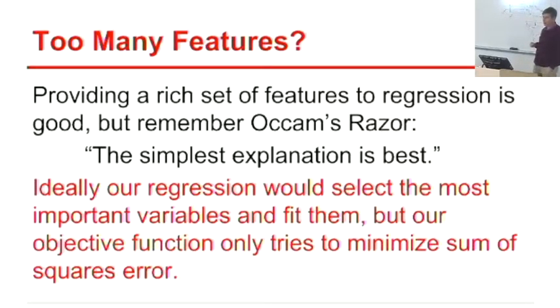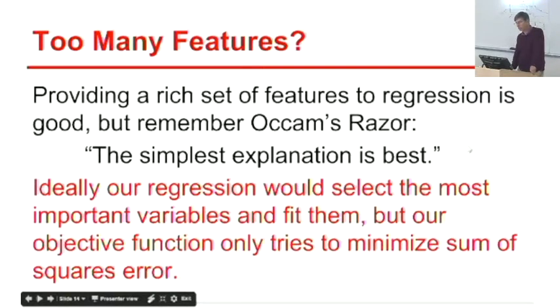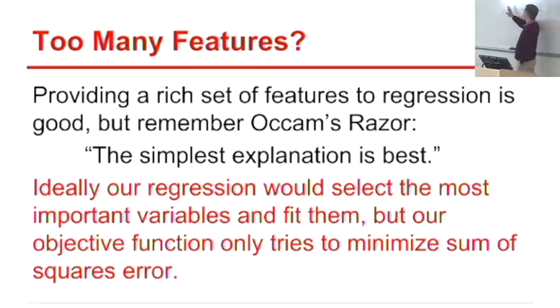In any data set, there's a large number of features you can build on any example. In principle, if we believe Occam's razor that the simplest explanation is best, we would want our linear regression model to come up with a good fit that depends upon a relatively small number of variables, rather than a slightly better fit that depends upon a zillion variables.